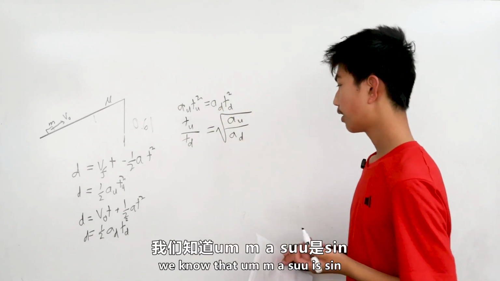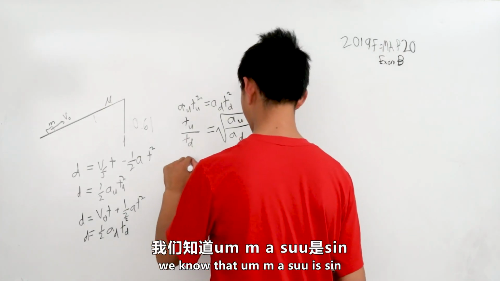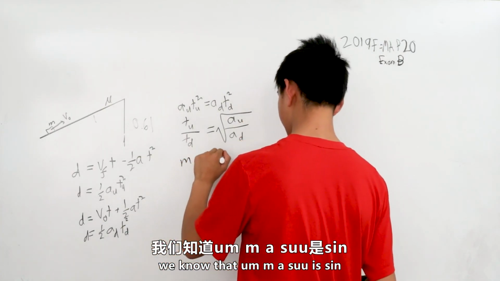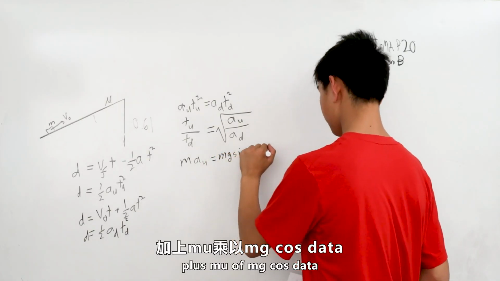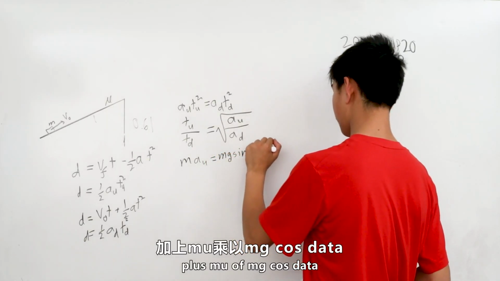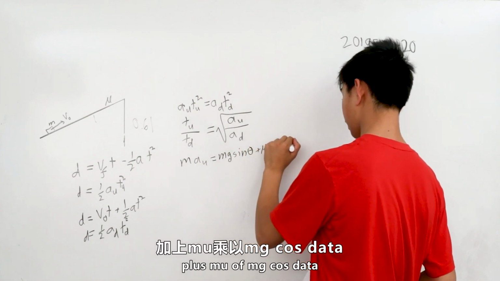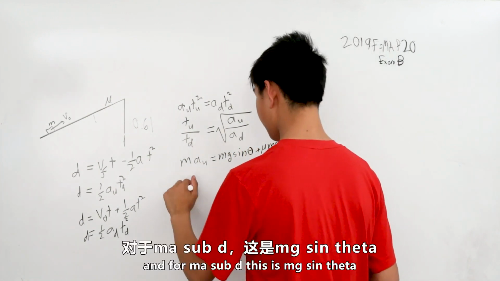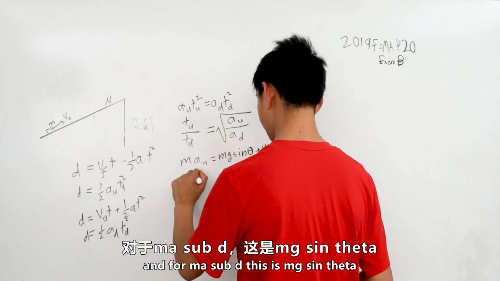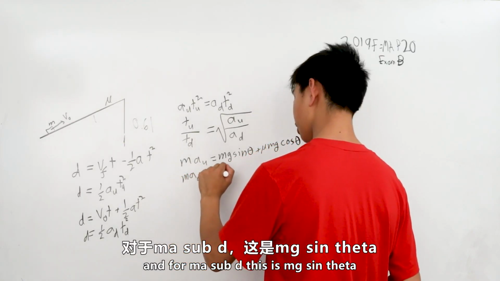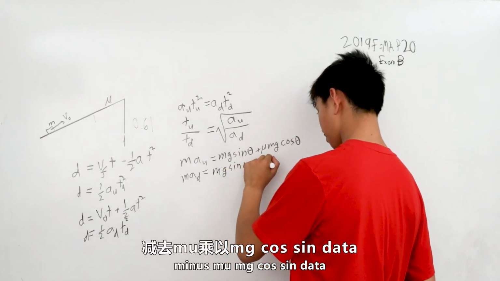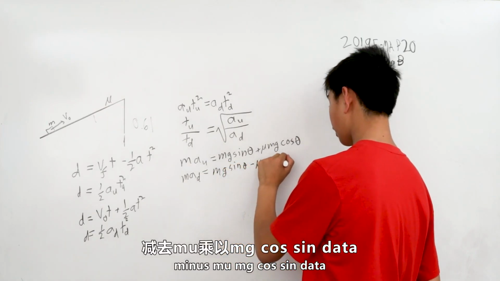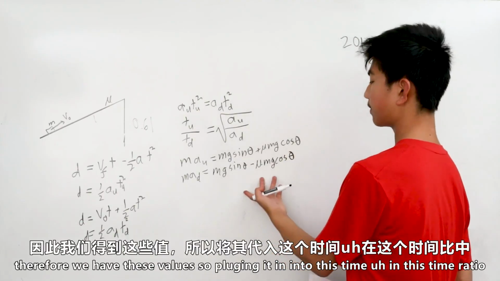We know that m a sub u is mg sine theta plus mu mg cosine theta. And for m a sub d, this is mg sine theta minus mu mg cosine theta. Therefore, we have these values.